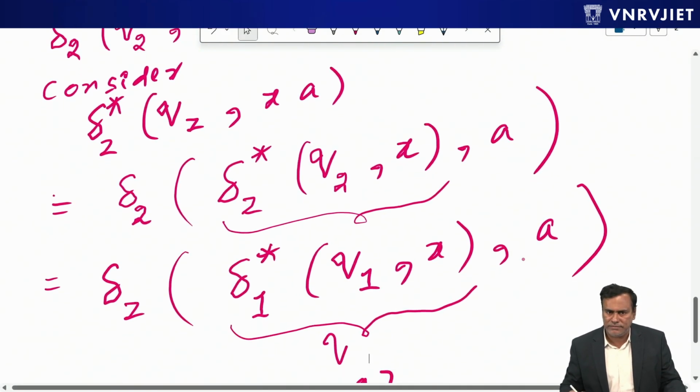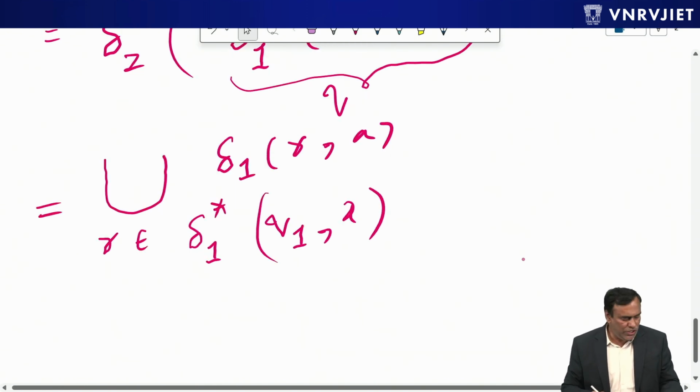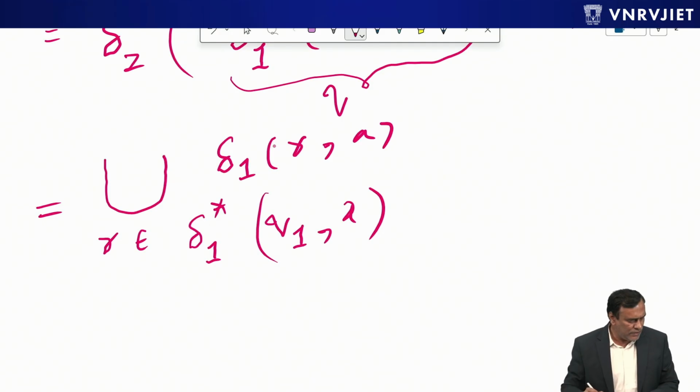I think you are clear. So that one only, we have got: union of R belongs to delta 1 star of Q1 X, delta 1 of R A.